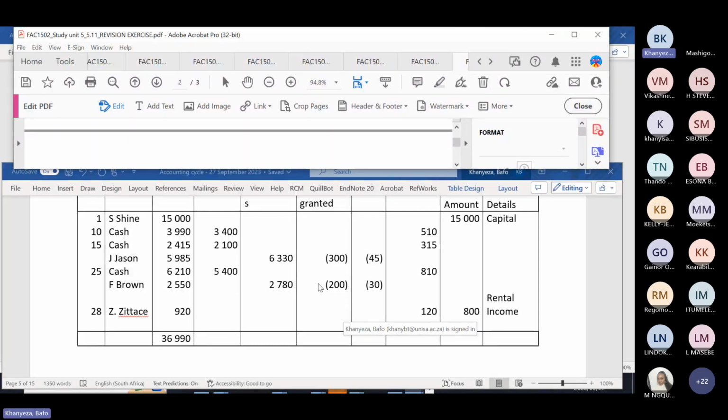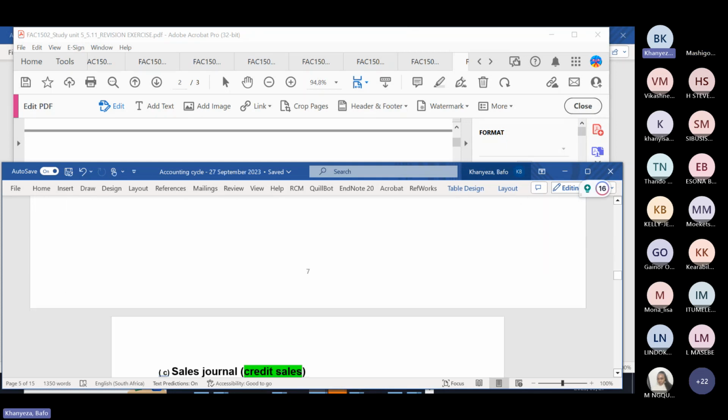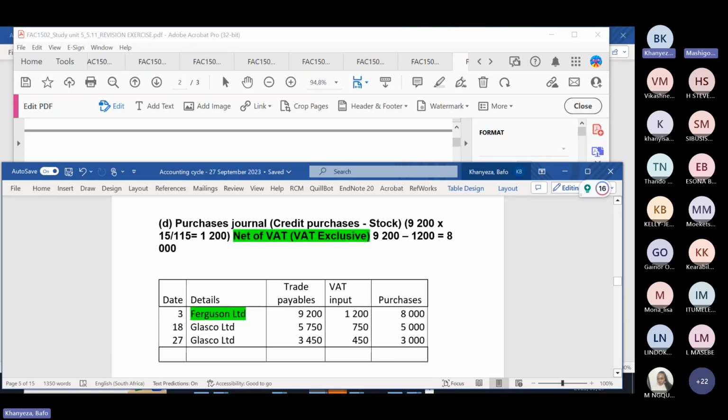So we are owing Glasgow on purchases, because we paid him on the 3rd, 8,855, and then we paid him again, 3,990. I don't think we're having a credit balance with Glasgow.